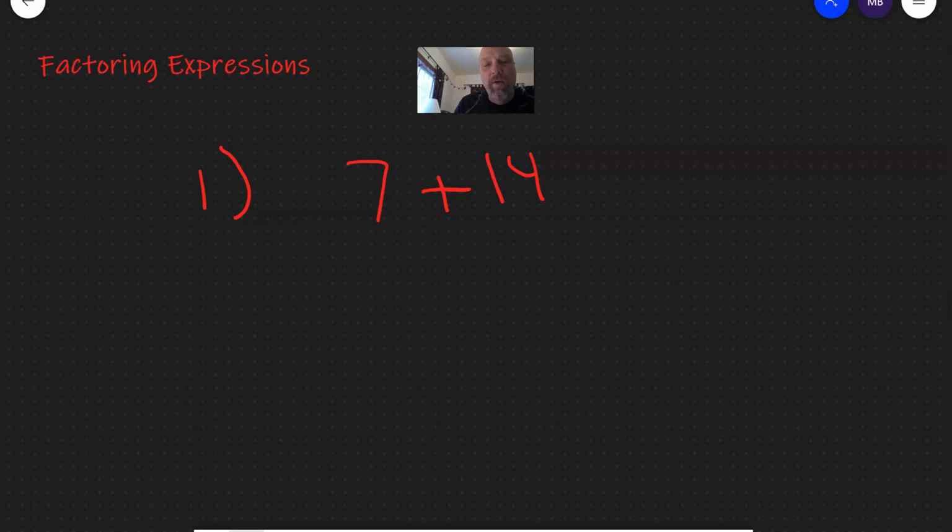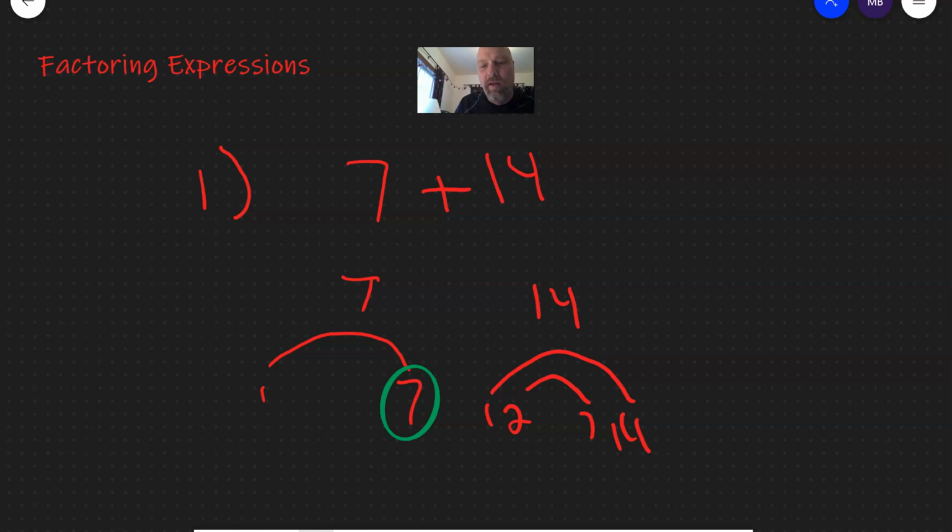So once upon a time, we were trying to find the factors of 7. And we made factor rainbows, 1 times 7. You remember that? Go like this if you remember that. I remember that. That was fun. And 14, 1 times 14, and 2 times 7. And then I find the greatest common factor. Well, the greatest common factor here is 7, right?